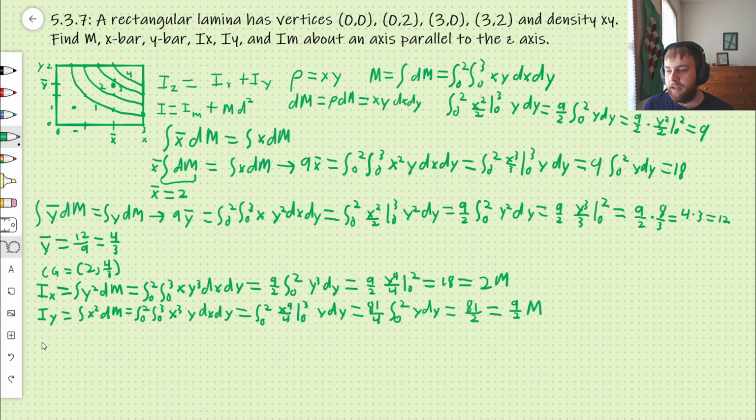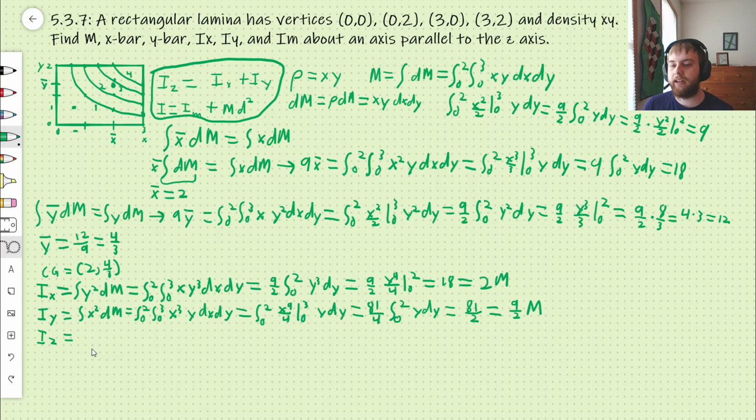And then we finally get to use these formulas that I've had sitting here from the beginning. So we want Im, the moment of inertia around an axis parallel to the z-axis. It's easiest to do that when you actually have the moment of inertia around the z-axis. So Iz, for this type of lamina problem, is equal to Ix plus Iy.